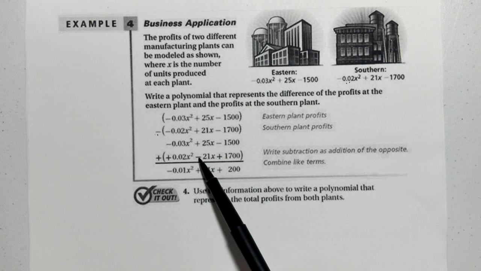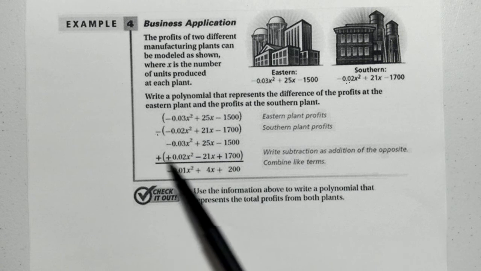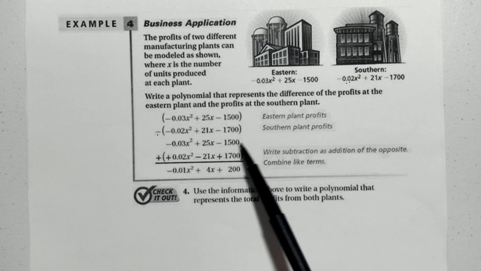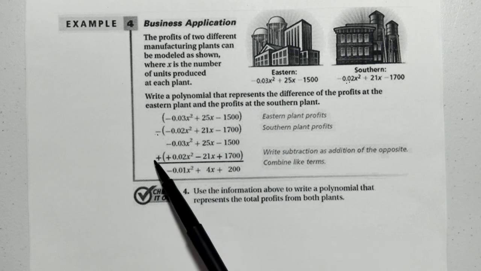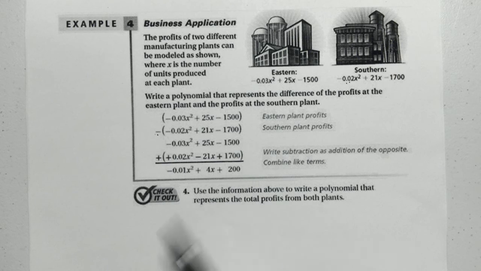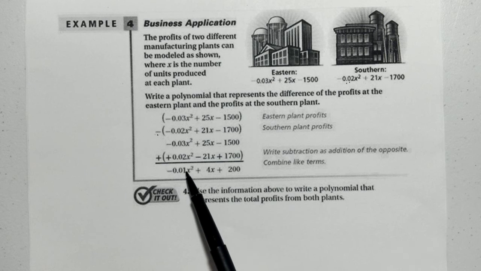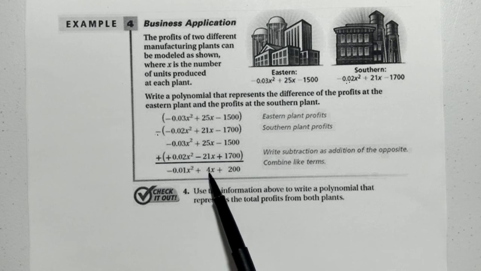And then 25 plus negative 21 will give you 4x. Negative 1,500 plus 1,700 will give you 200. So when you combine them by subtracting, you get the polynomial negative 0.01x squared plus 4x plus 200.